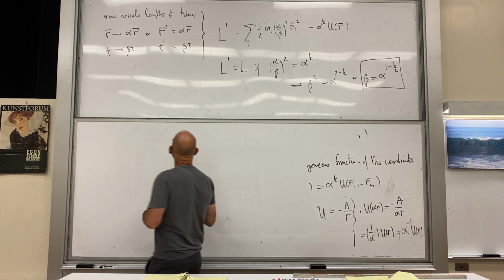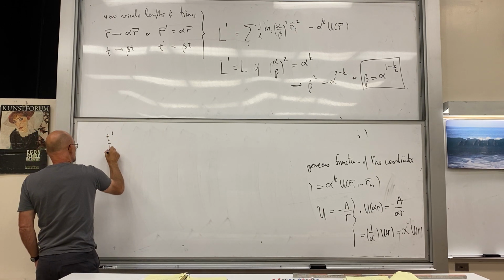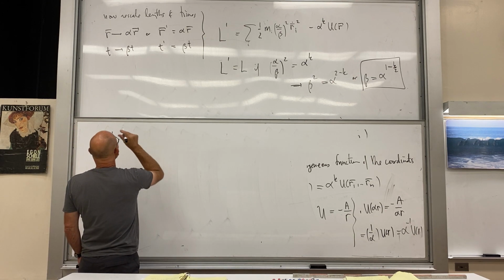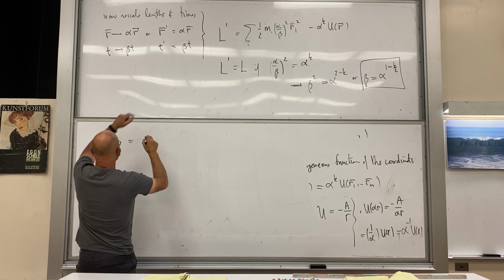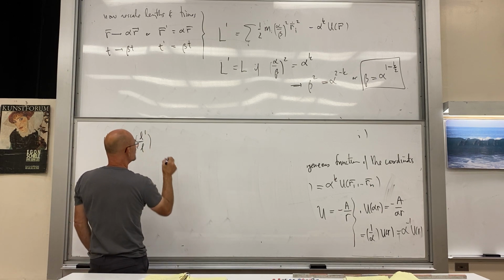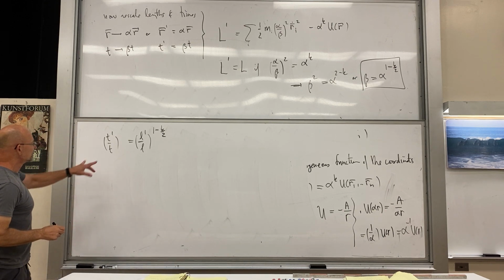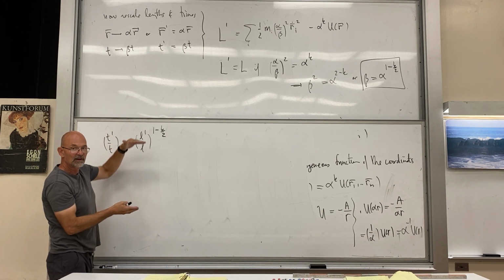So now, just translating, we have t prime over t, that's our beta. And our alpha we can say is L prime over L, if I'm just talking about lengths. So it's L prime over L to the 1 minus k over 2. We're just talking about how the time scale goes versus the length scale in our problem.